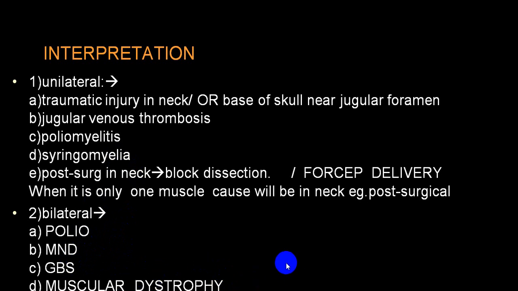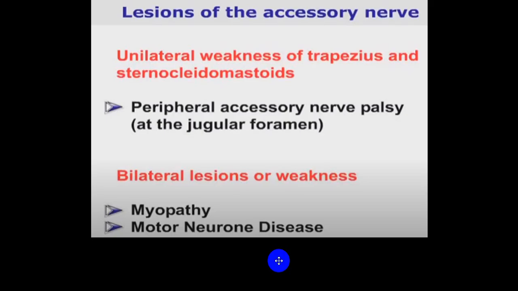So shoulder muscle dystrophy can produce an involvement of those muscles, but which will not be due to spinal accessory. So unilateral lesions quite common at jugular foramen, and bilateral lesions, motor neuron disease, and we should not forget involvement of the neck muscle as well as shoulder muscle in case of limb girdle myopathy.